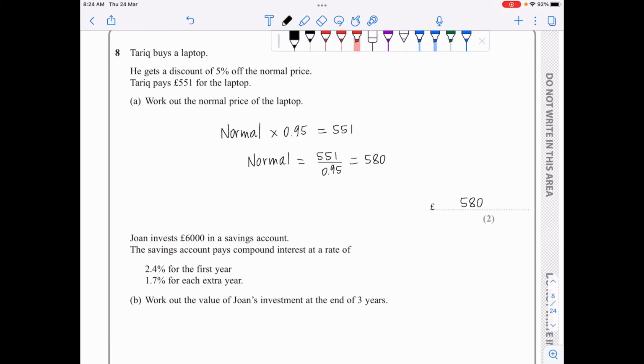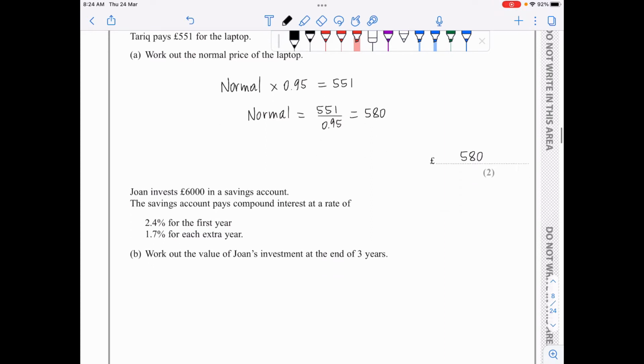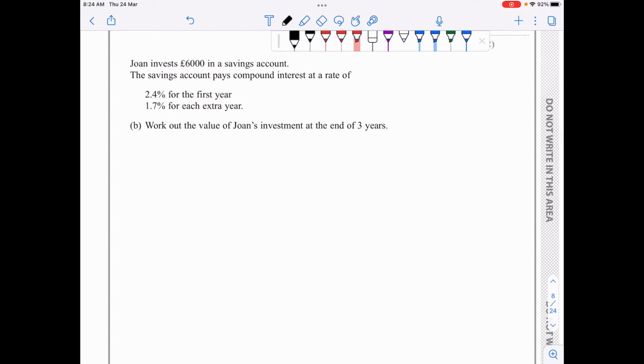Joanne invests 6,000 in a savings account, which pays compound interest of 2.4% for the first year and 1.7% for each extra year. We need to work out the value of the investment after 3 years. So we start off with 6,000. Over the first year, it increases by 2.4%, which means that the multiplying factor is 1.024.